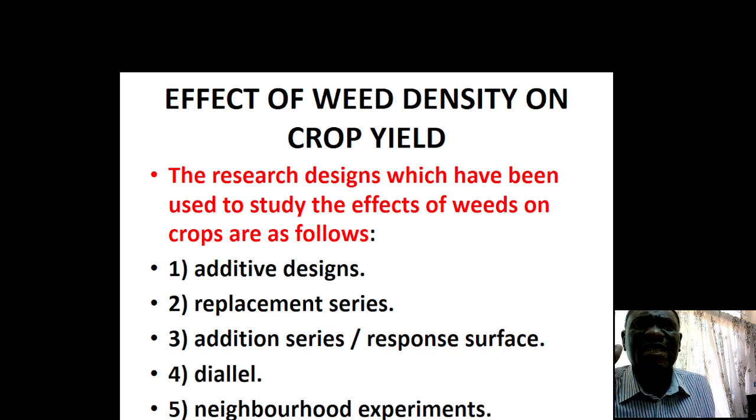Maybe we should just remove the weeds in the row and leave those which are between the crop rows. Maybe they are not competitive. We can only get the answer by using the neighborhood experiments. So here are the 5 ways to measure the effects of weeds depending on your interest.